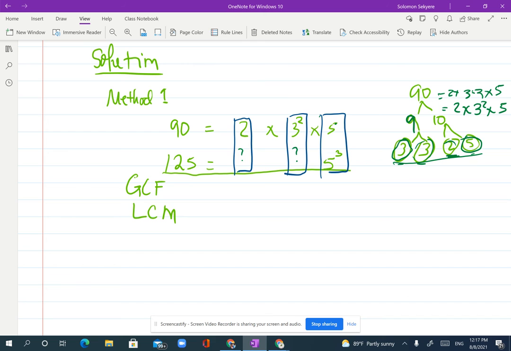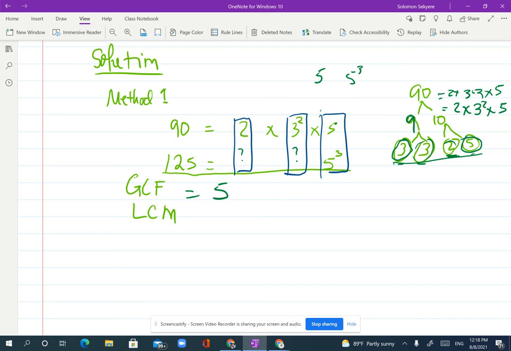So it gets a number in each row. That's the one I use, and I pick the smallest one. 5 is smaller than 5 cubed. So GCF equals 5. That's my GCF.